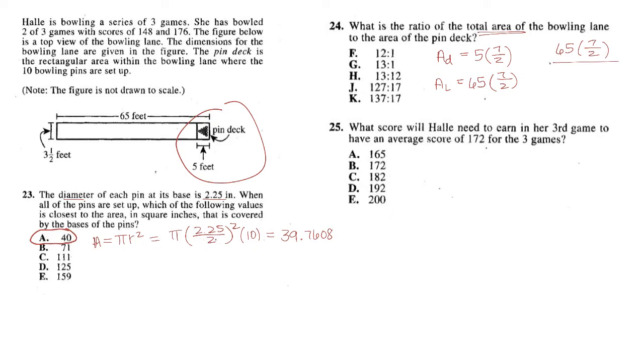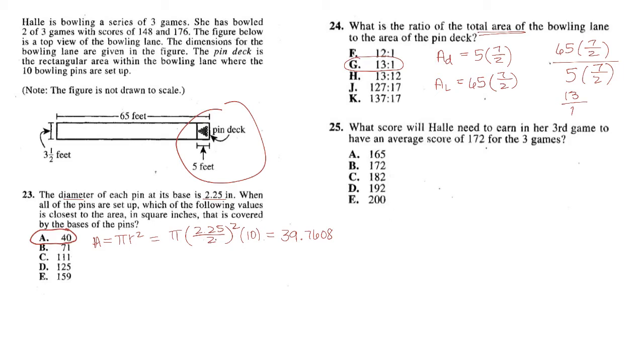And I'm comparing that to the area of the pin deck, which is going to be 5 times 7 halves. Well, then that's going to reduce real nicely to be 13 to 1. So that's going to be answer choice G.